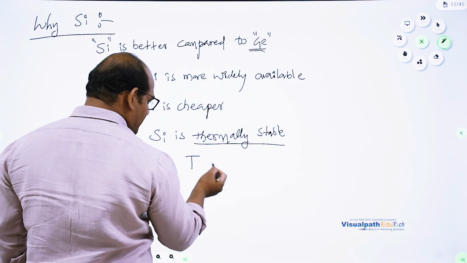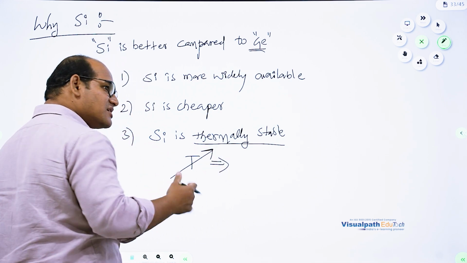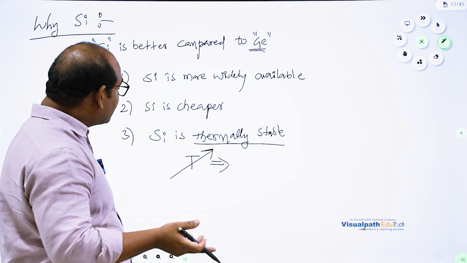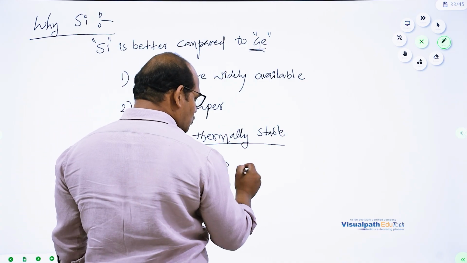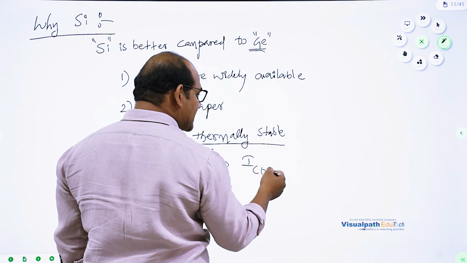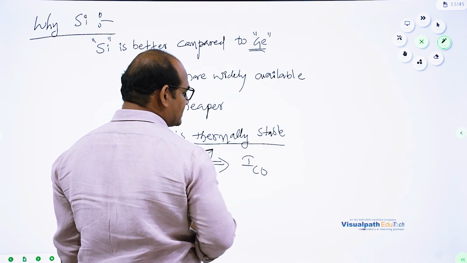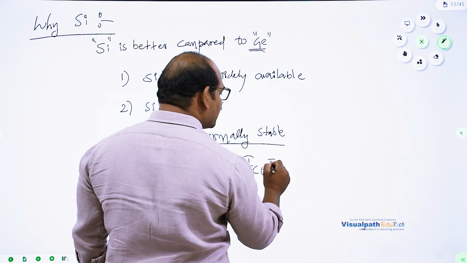When you increase or change the temperature, you should not get many changes in the performance of the devices fabricated using silicon. So this I naught, reverse saturation current we can say, we are going to see later. This reverse saturation current should not change, it must be stable.